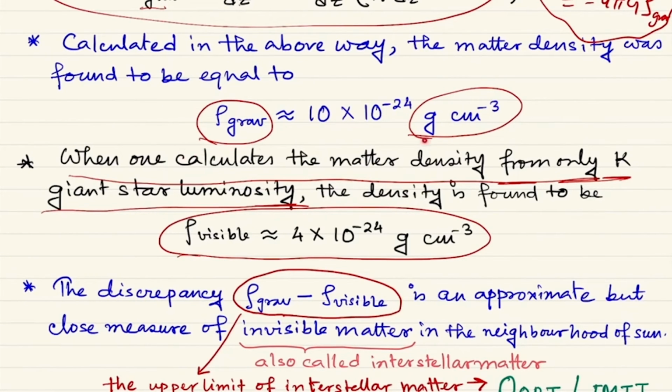So if someone comes out and says that I have another method by which I found 100 times 10 to the power minus 24 gram per centimeter cube, with centimeter to the power minus 3, is the matter density, this is not possible, because this is only possible if that type of thing is not a normal gravitating thing. And when we are talking about matter, the matter must have gravitational power.